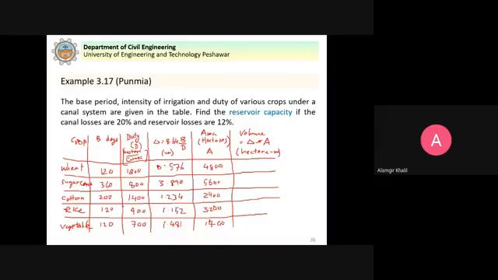So we just need to multiply this delta with this area A. This will be equal to 2765 hectare meter for the wheat crop.